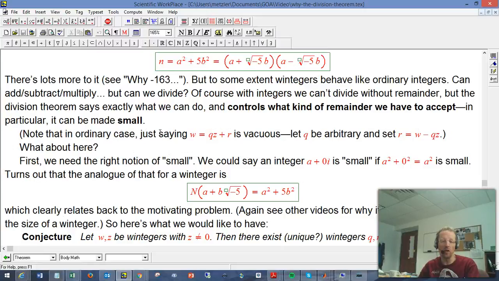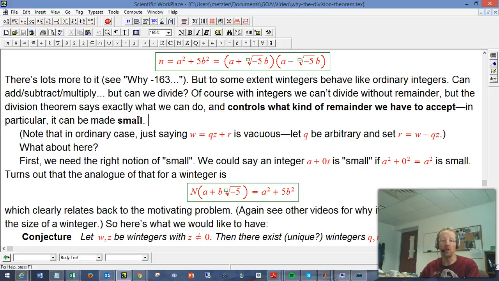In the ordinary case, if I just said, given W and Z, I can express W as QZ plus R, that's really easy. Just pick any quotient you can imagine, let it be an arbitrary integer, and then let R be W minus QZ. That's just the same equation. So it's really crucial. The meat of the division theorem is in the statement that the remainder can be made small in a precise sense. Everything that we'll do after this that relies on the division theorem really relies on that statement.